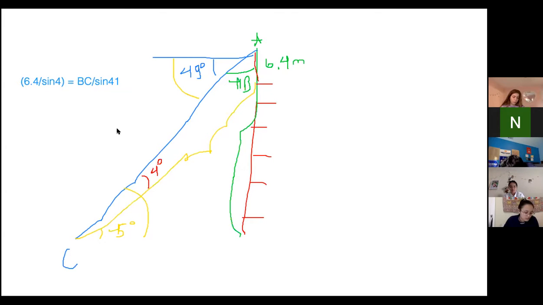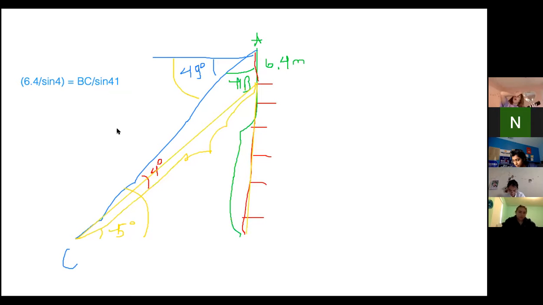Miss Thompson, could you repeat that very last part about using BC? Because I'm still a little confused. Okay, so here we have this line BC. BC is the side that you just solved for. And then you can relate it using the angle to get the height of the building.